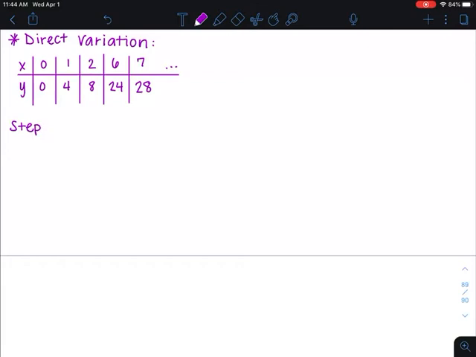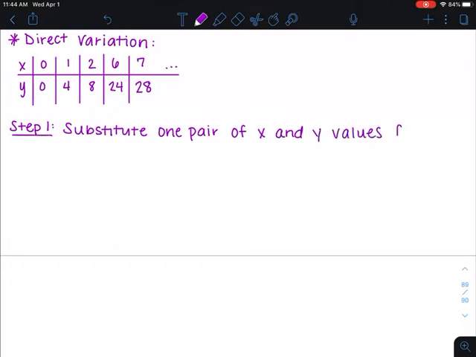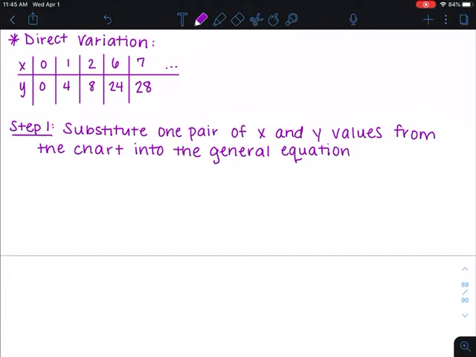So, step 1, substitute one pair of x and y values from the chart into the general equation for direct variation.